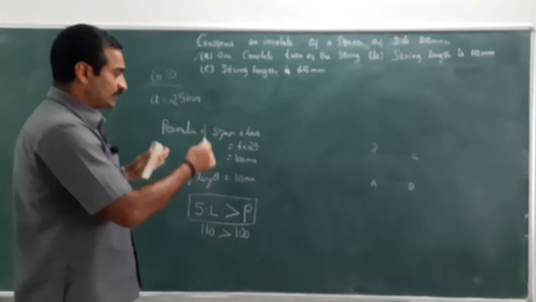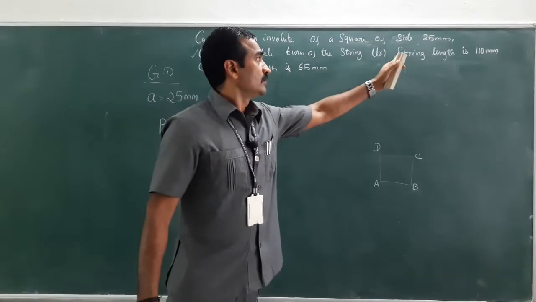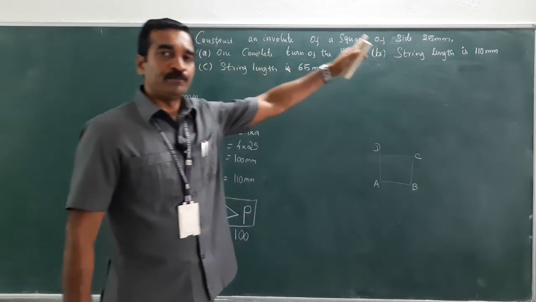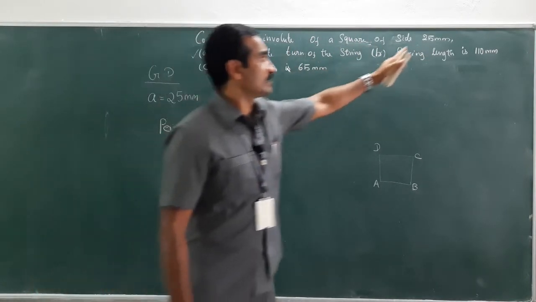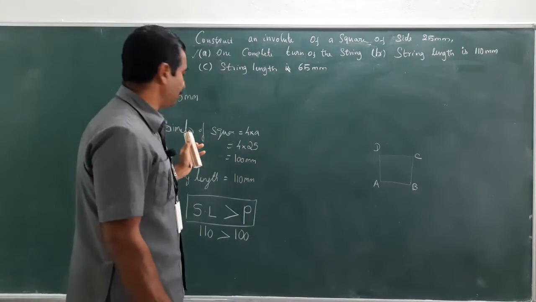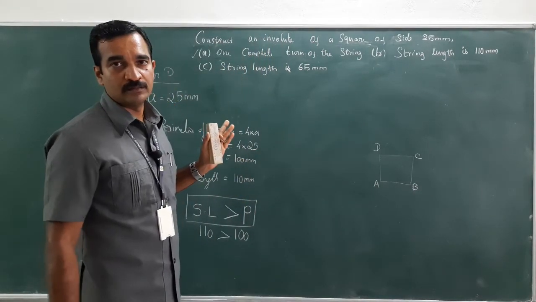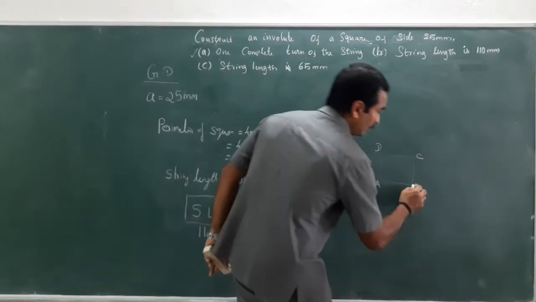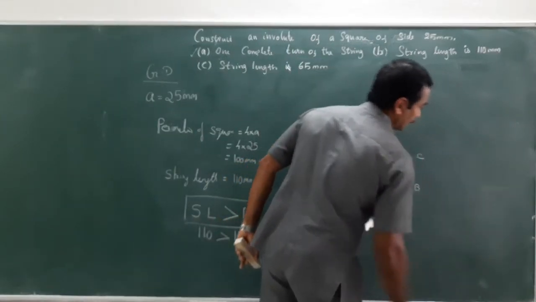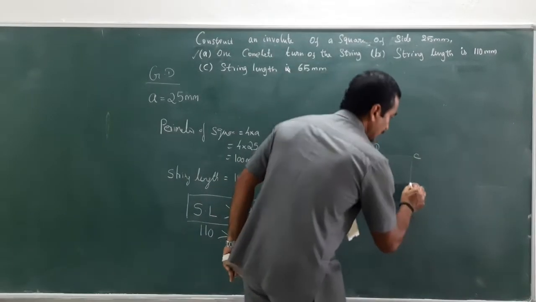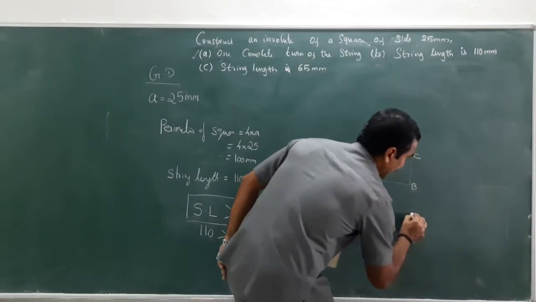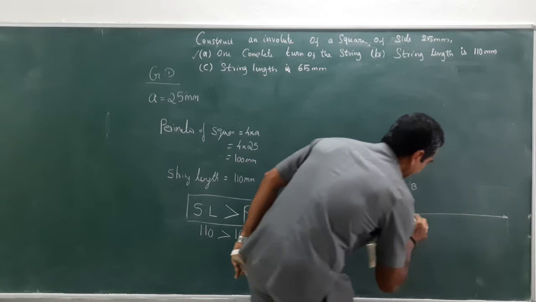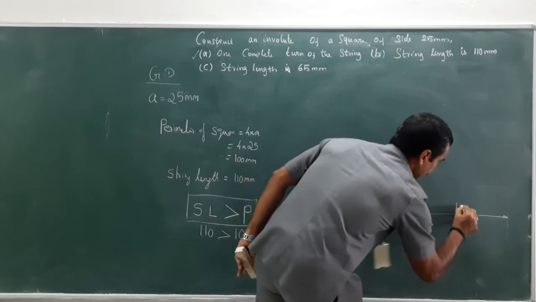If the condition mentions the string length, you should consider only the string length, not the perimeter of the square. Here the string length is 110, so take 110 mm and draw a line. This could be 110 mm.